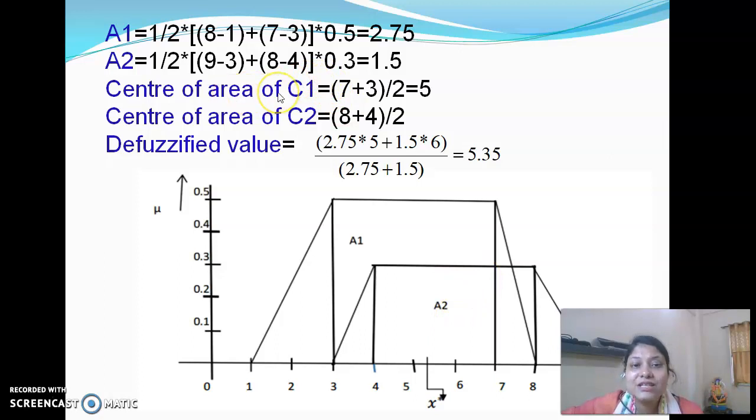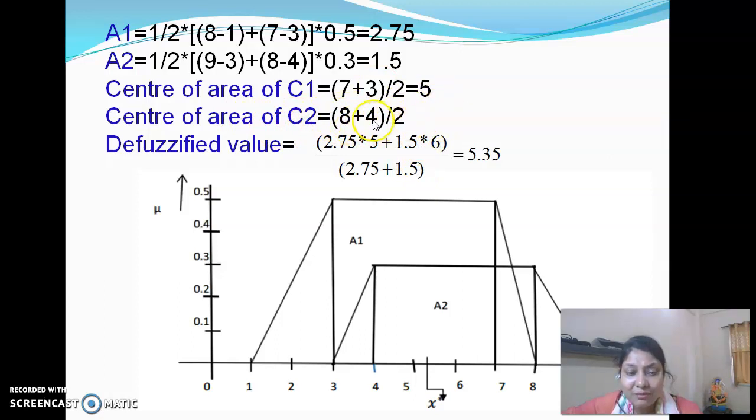So if this is the center of area of C1 and this is the center of area of C2, then what could be the defuzzified value? The defuzzified value is the center point multiplied by its membership value, plus the next center point multiplied by the second membership value. I'm sorry, here the center of area of C2 is not yet calculated.